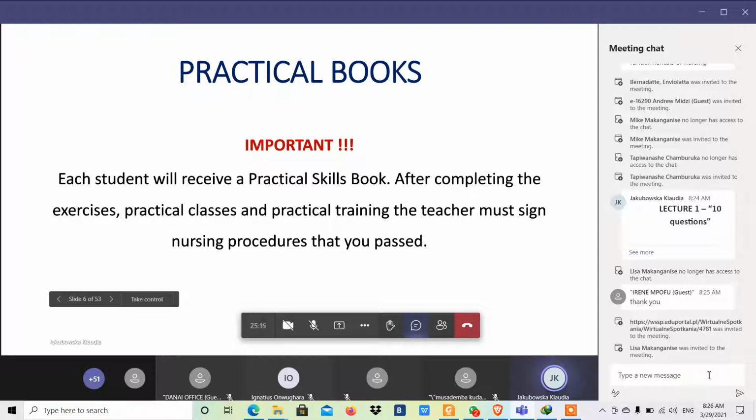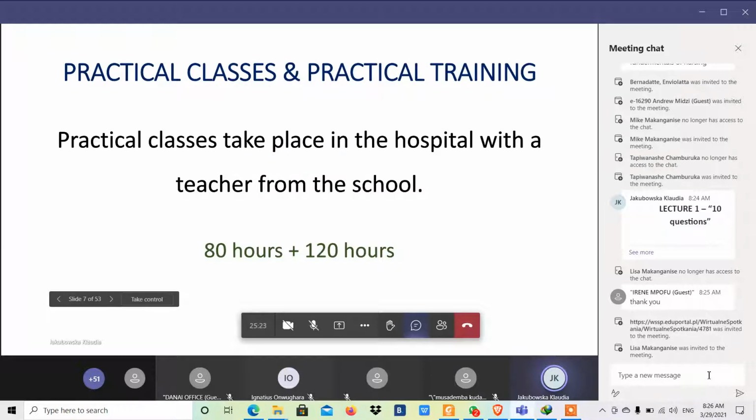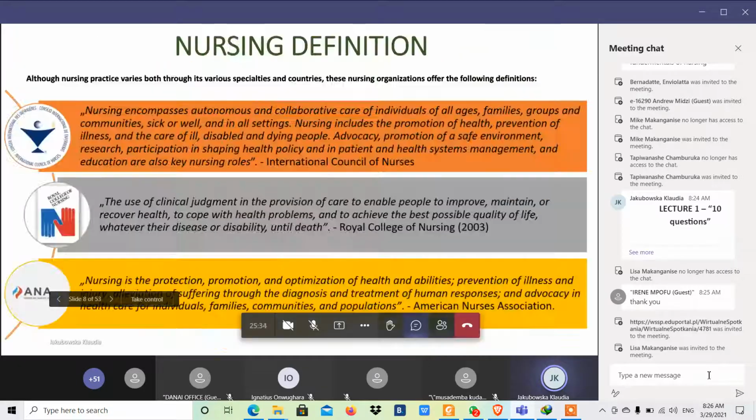I think that at the end of the first semester, you will get these books. I said that we have practical classes and practical training in the hospital.